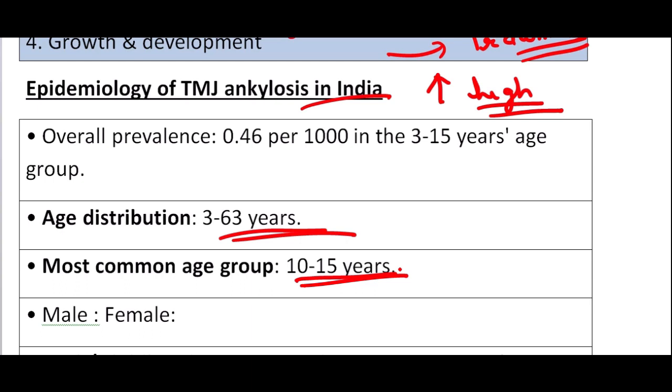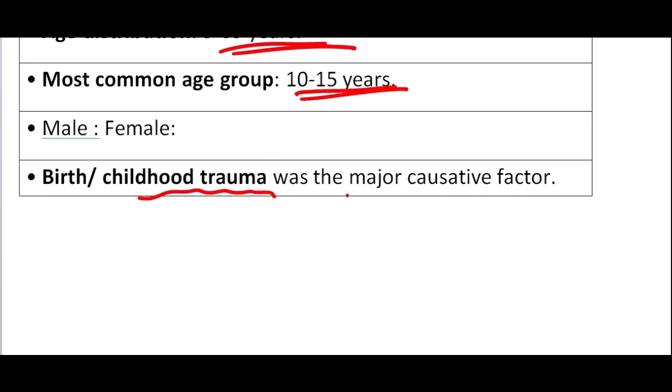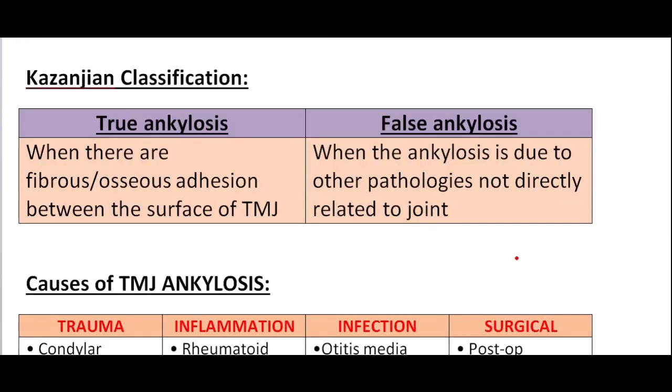Managing TMJ ankylosis is a complex process that involves a team of specialists including oral and maxillofacial surgeons, orthodontists, and sometimes physiotherapists. So remember, for your entrance exam, childhood trauma is considered the major cause of ankylosis.